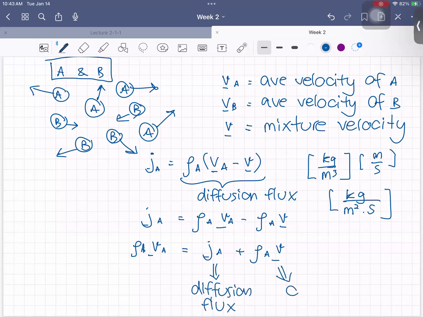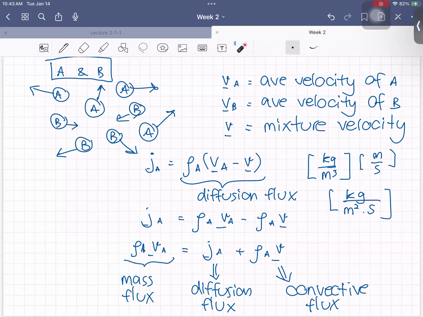This is actually the convective flux. And this term right here will be the mass flux. All right? The mass flux includes the diffusion flux and the convective flux, which follow the two mechanisms of transport of mass, right?